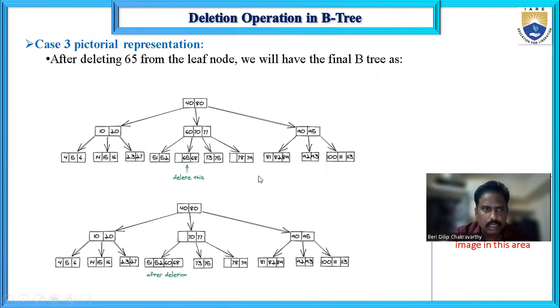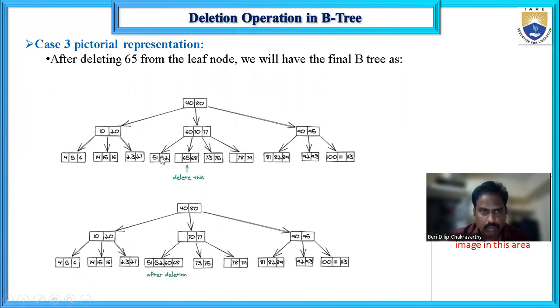Case three, as I said, is when both cases are violated. Now observe, suppose you are trying to delete 65. Then you'll get only one key. If you try to borrow from the other side, it becomes only one there too. If you borrow from this side, there also it becomes only one.